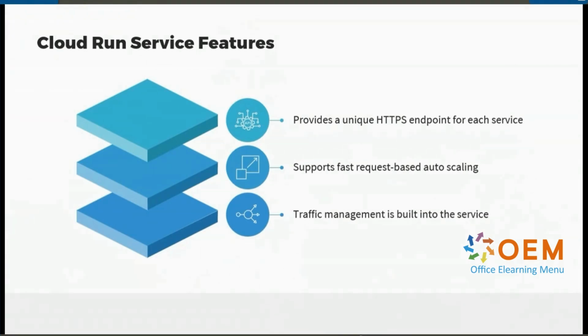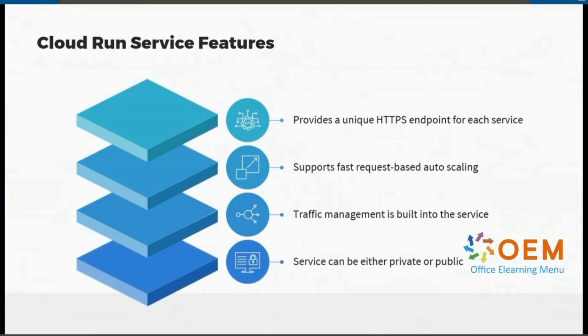Additionally, traffic management is built directly into the service, so that allows you to control traffic distributions between different versions of your services seamlessly. That's great for testing. You can put up a new version, deploy it, then you can route, say, 10% of that traffic to the new version and see how it reacts.